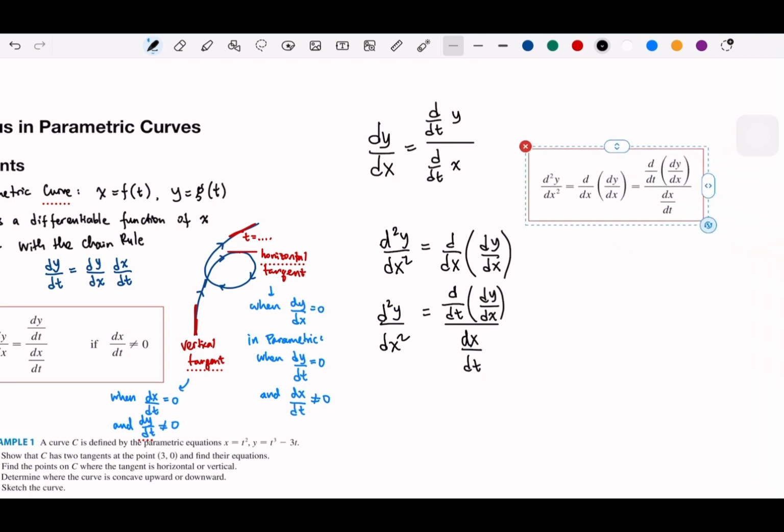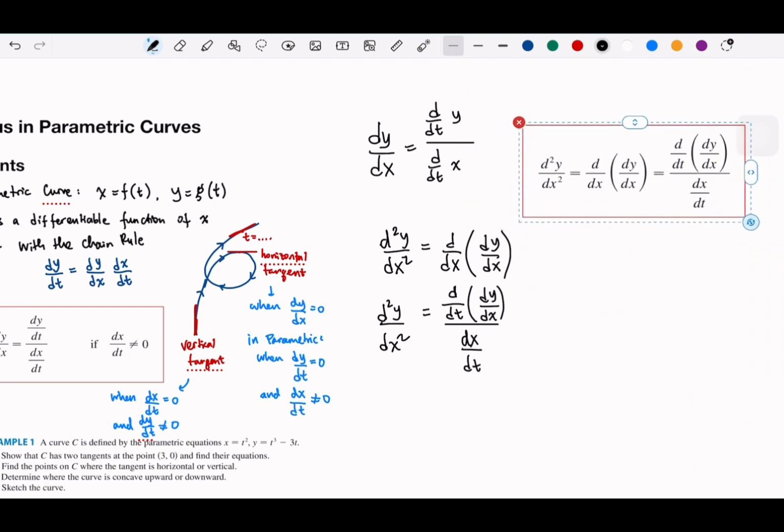So that's why we have this. Actually, to connect this to this, they're basically the same. Let me write this so that you can see what this one is. So this will be d dt of x.